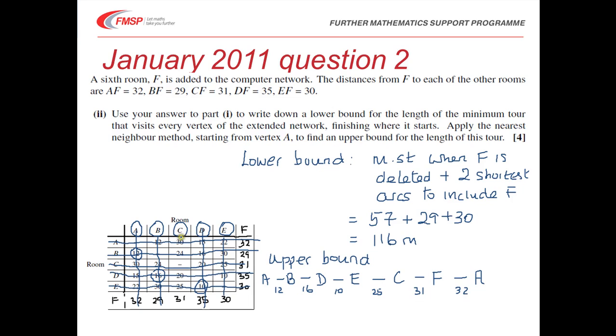The table is probably not quite as important now. I should just cross that out though. So we've got to everywhere now. We've completed the table, so this is going to give us an upper bound when we add all these numbers together, which should be 126 meters.